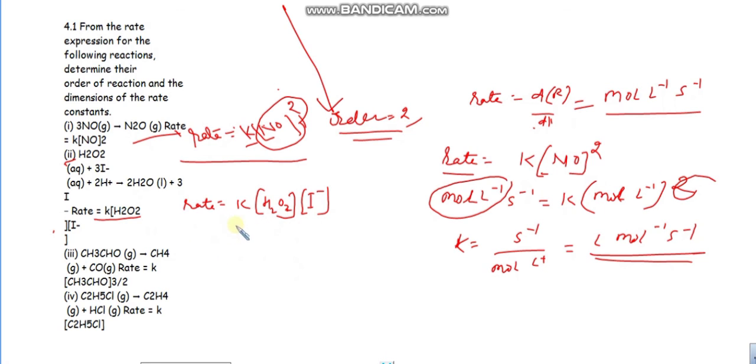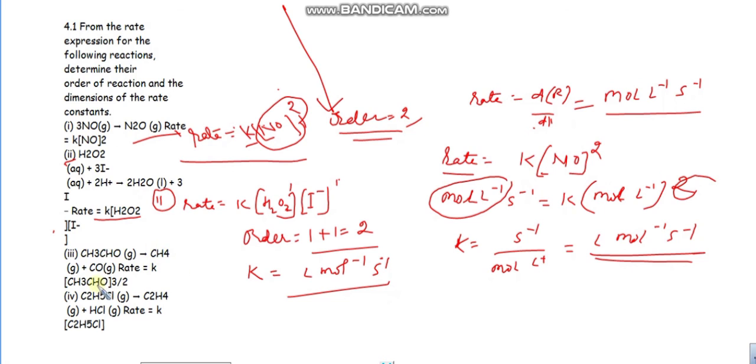So what is the order? The order will be the sum of the powers, 1 plus 1, that is 2. And similarly, what is K here? It will be liter per mole per second, the dimension or unit of K for this second part.